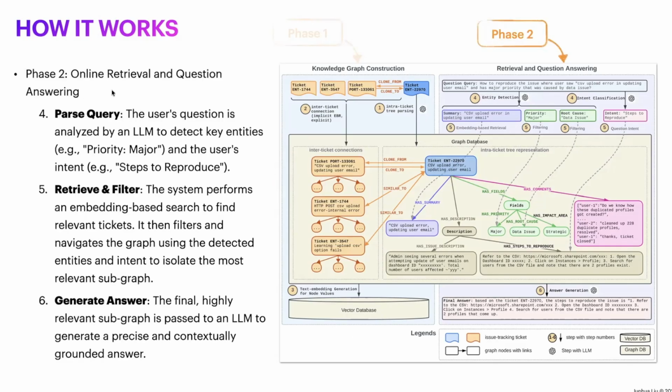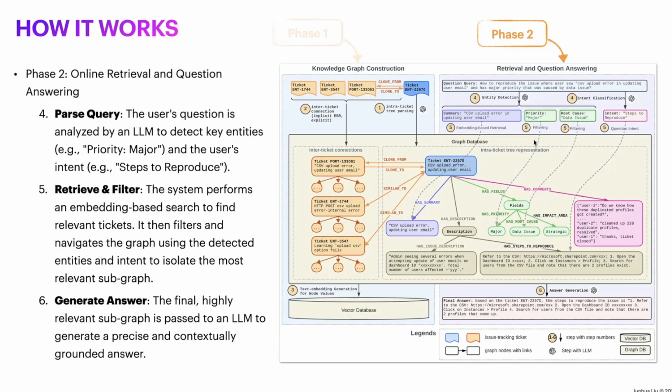For phase two, it will perform online retrieval and question answering. Given a question, say this is a question that a staff member or user asks. First, it will perform some entity detection. It will call an LLM to generate a summary of this task, classify the priority of this task, and also its root cause. And then it also uses an LLM to classify the intent.